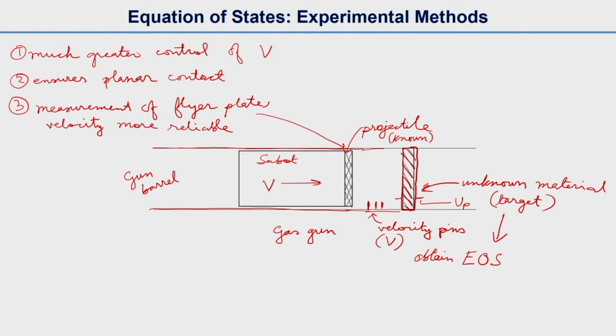We did the experiment in a gun barrel with a sabot and a flyer plate in front of the sabot. This we can call a flyer plate, and we have a target material which is the unknown material for us. We need to determine the EOS or Hugoniot curve for the unknown material, and we know the Hugoniot curve for the projectile, that is known.